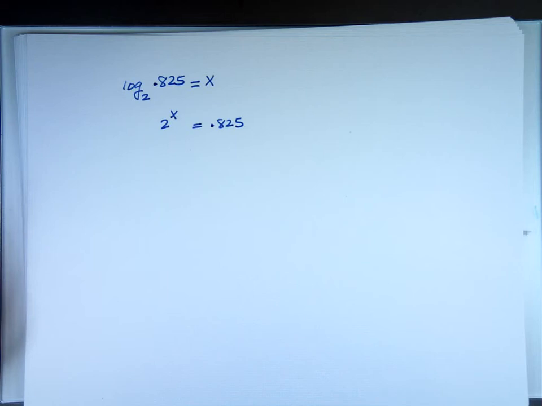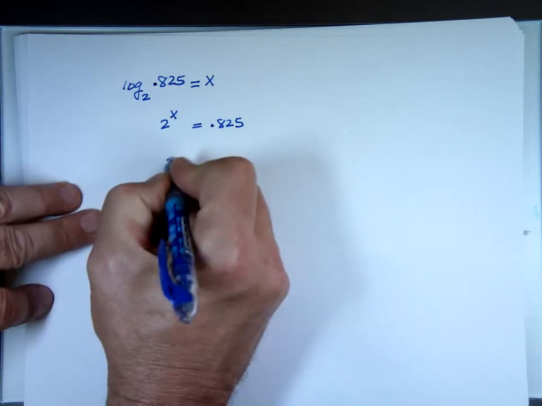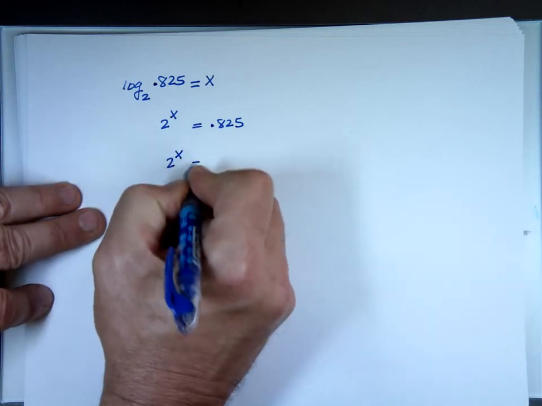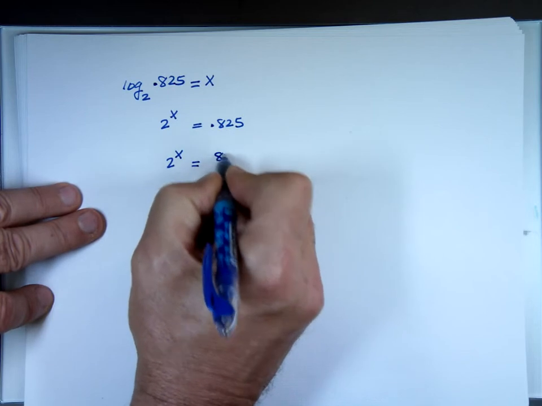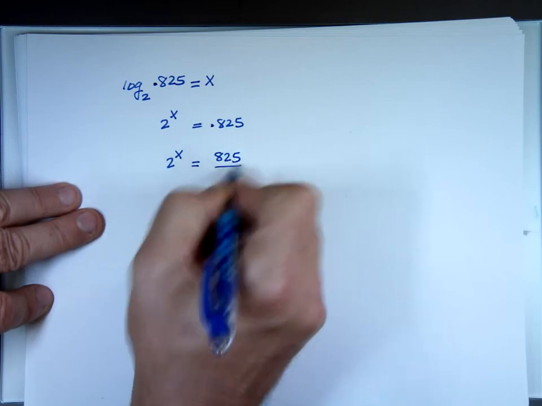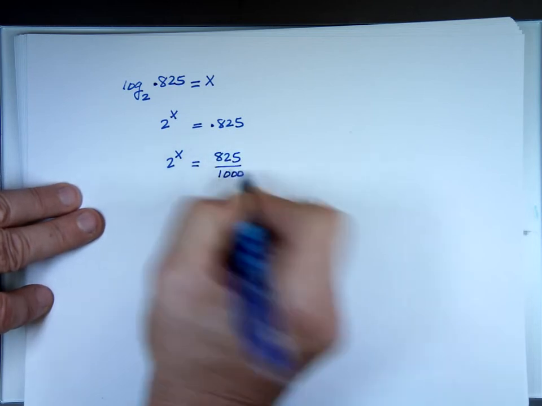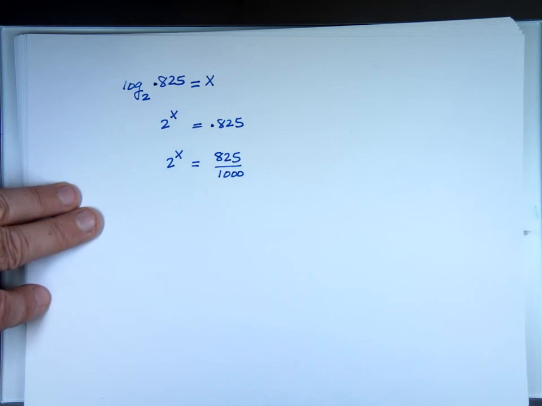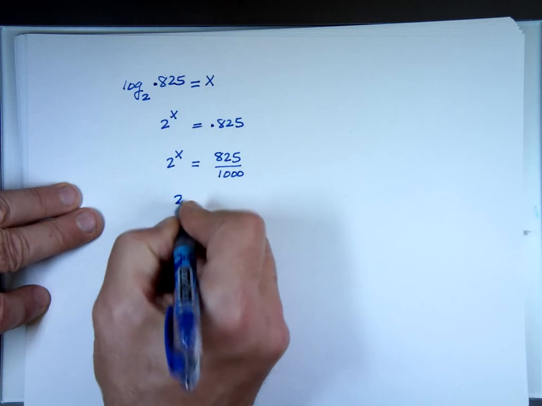Well, let's try to be patient. 0.825 means what? 825 divided by 1,000, doesn't it? We don't care because it's not base 10 though. 7 eighths. Well, let's see if we can simplify it.